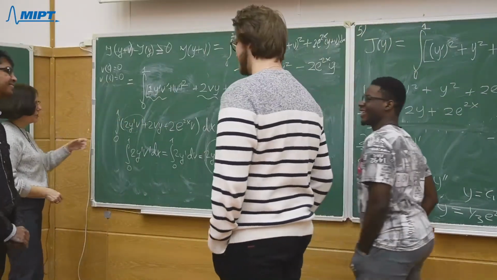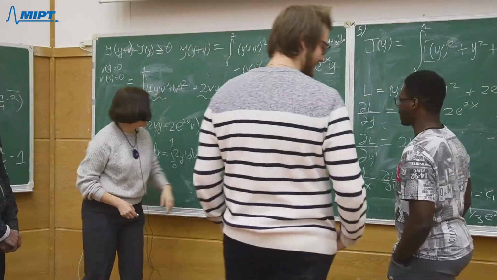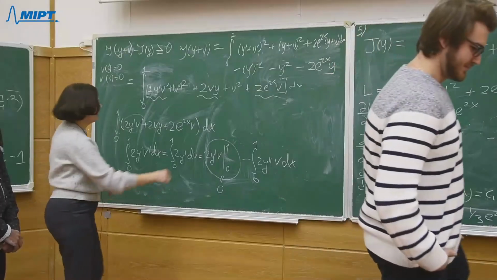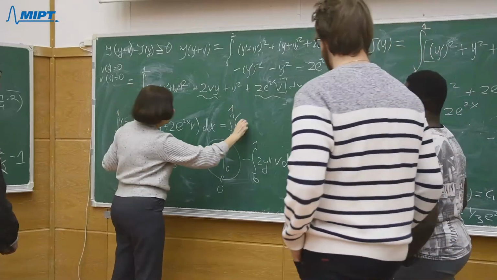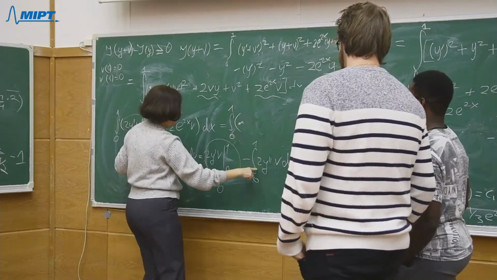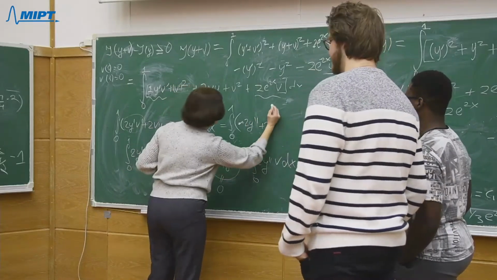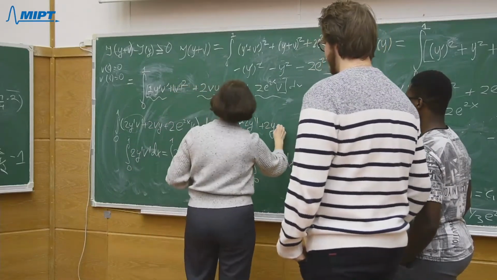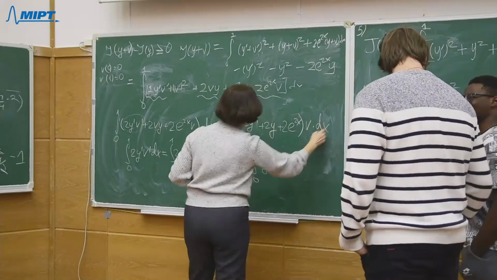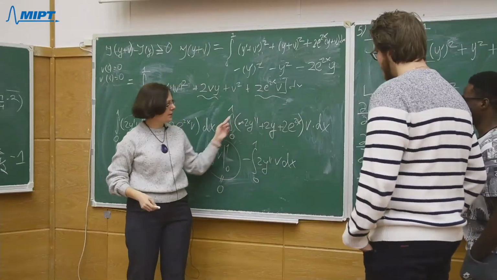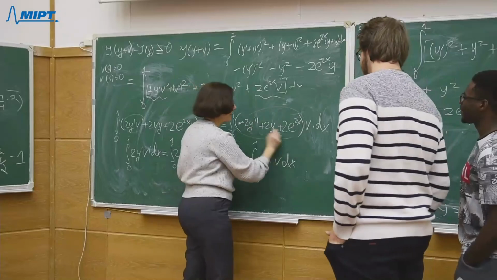And if we replace this term by this, we can rewrite this integral in the form minus the integral of (2y double prime plus 2y plus 2 e to 2x) multiplied by v dx. But this is equal to 0 because of the Lagrange equation. So this is 0.